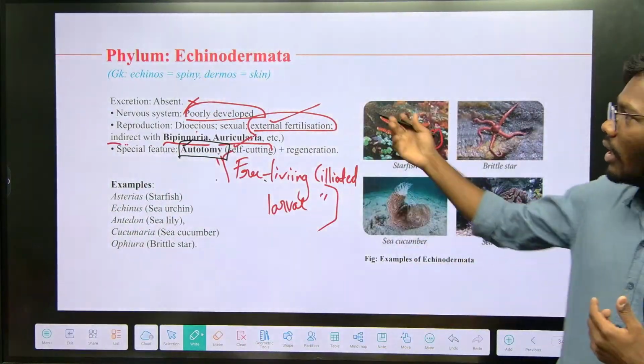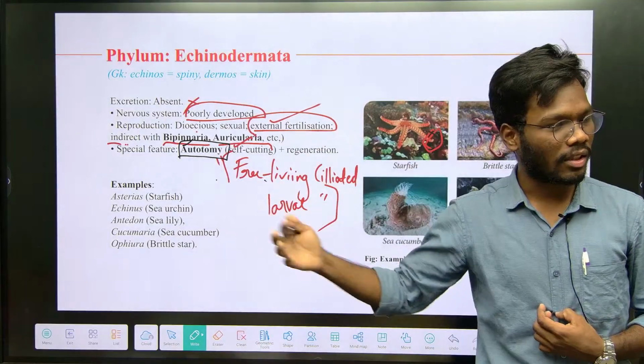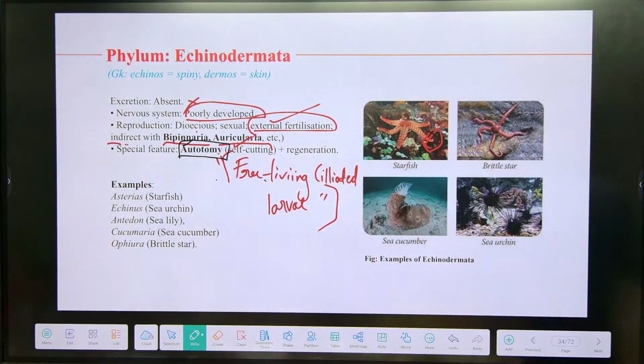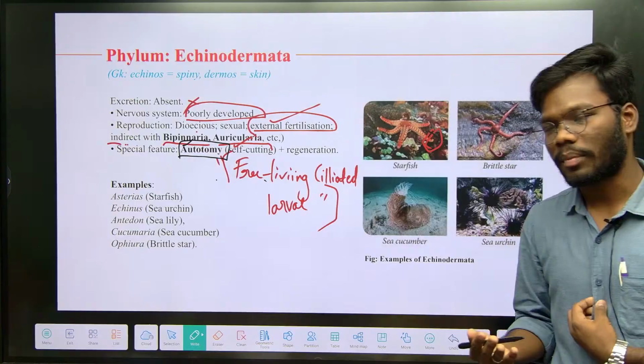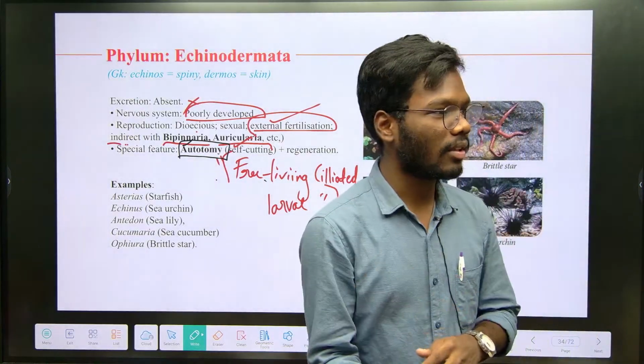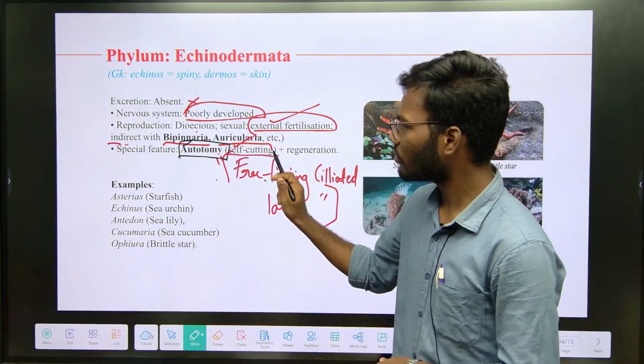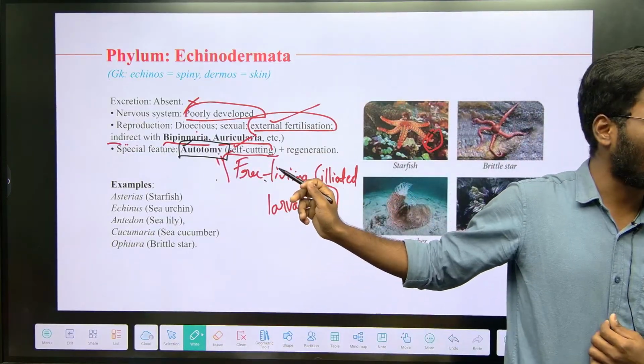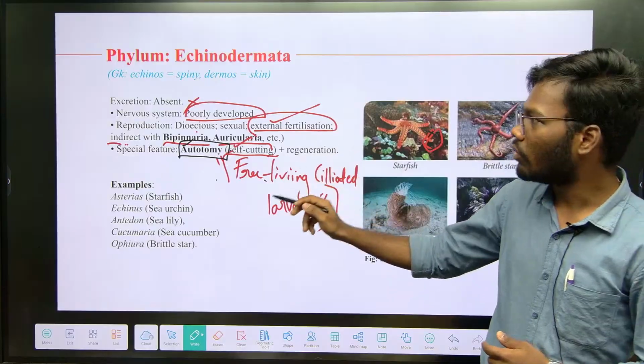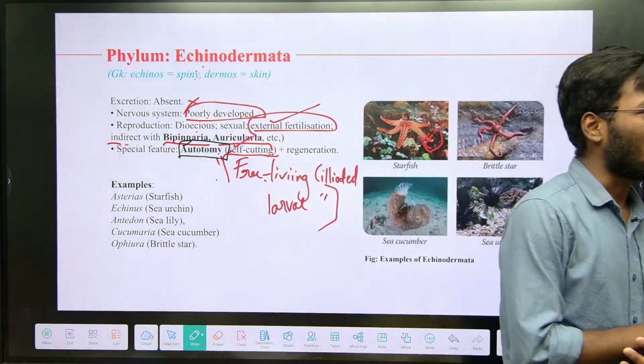Echinodermata is also having regeneration capacity, Platyhelminthes also, Porifera also, but the highest regeneration capacity is in planaria. Likewise, this self-cutting feature is highly involved in Echinodermata animals. Remember.